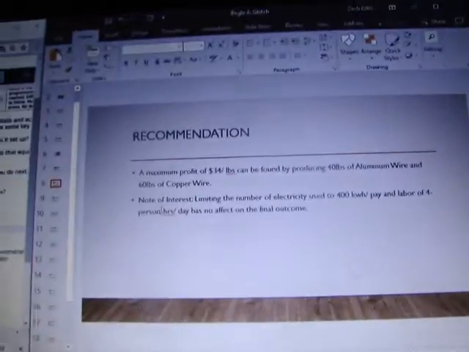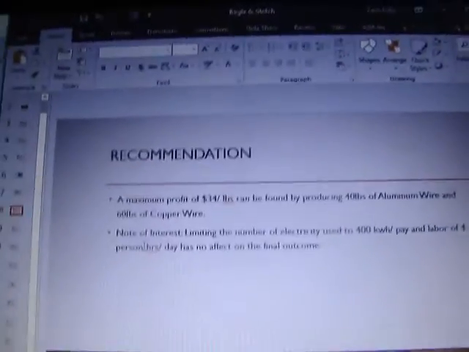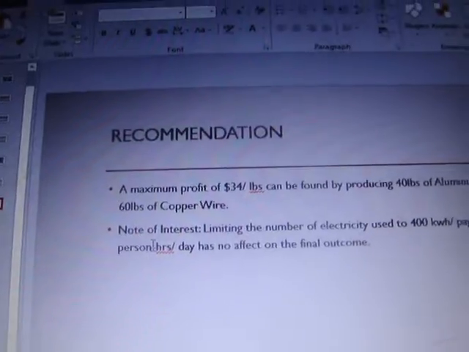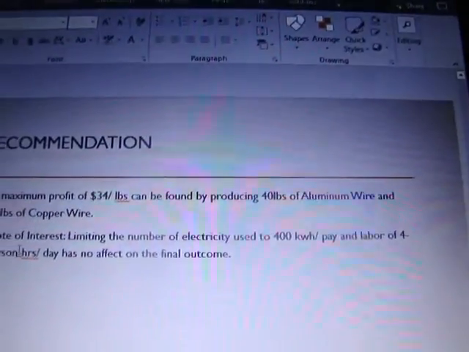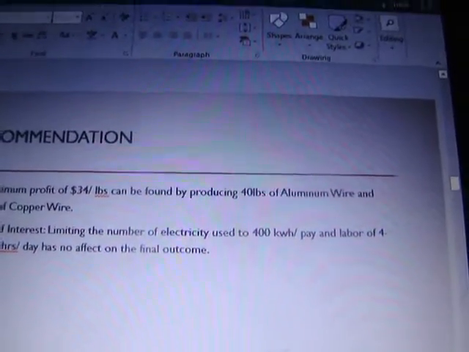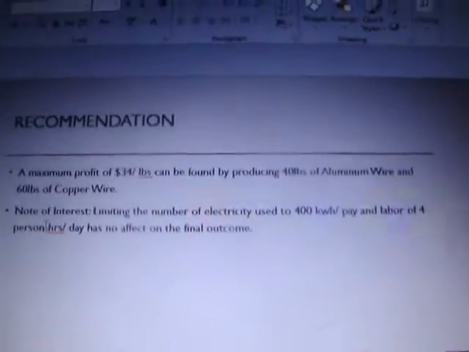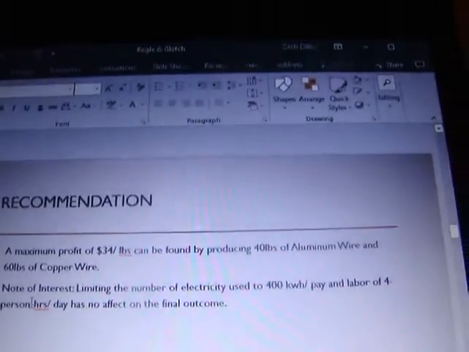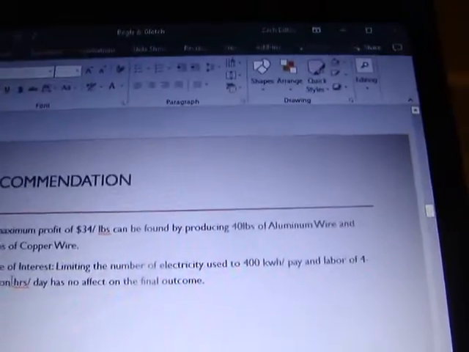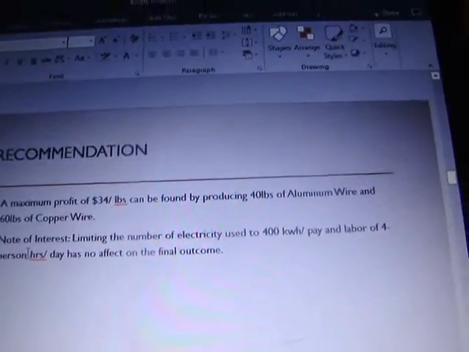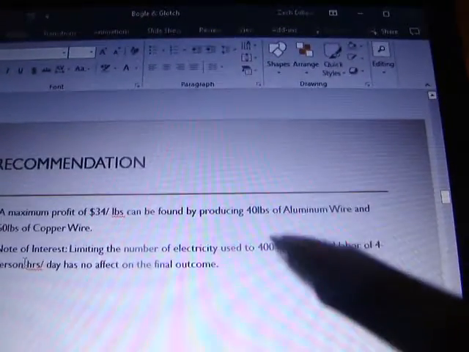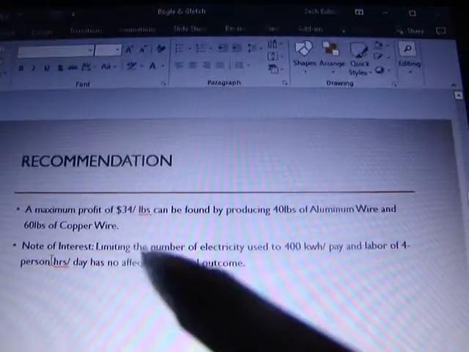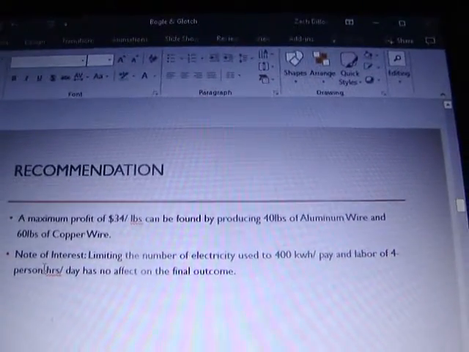So the end, your recommendation, so basically to sum up what you got, you're going to say the maximum profit, which we got, was $34 per pound. The way that we found that was we looked at the vertices of 40, 60, which was 40 pounds of aluminum wire and 60 pounds of copper wire.